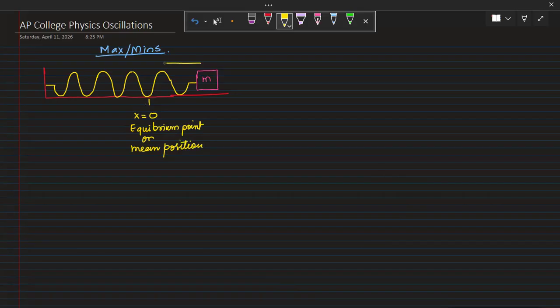Now the force is acting on the left hand side. The question says that the force is acting on the left hand side. That means the object is being pulled. So right now the speed is going to be 0 if it is at rest, right?